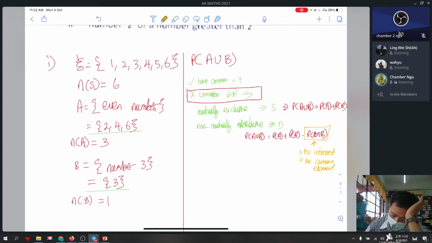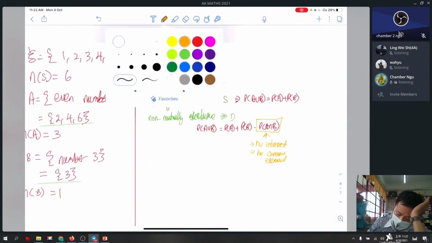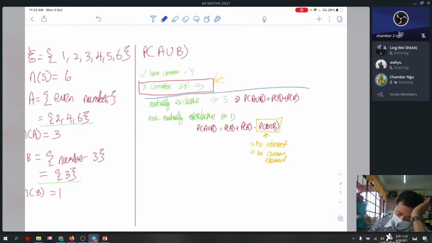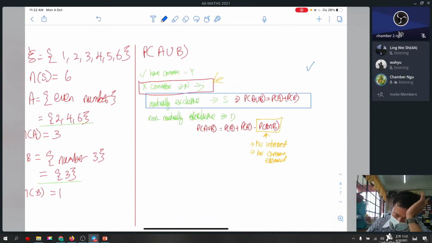Okay, tapi case ini kamu kata do not have common element. Kalau tidak ada common element, that means this is mutually exclusive. Boleh faham semua? Now understand already? If yes, reply me 2. If not, reply me 3.